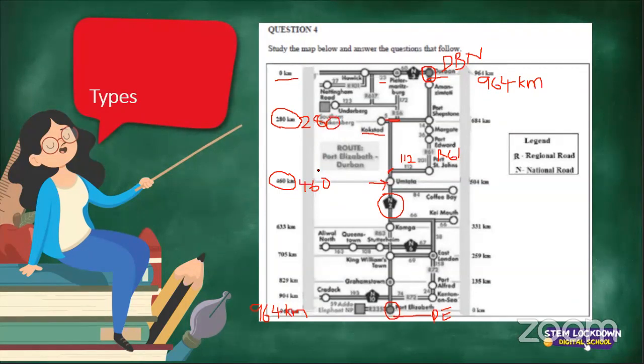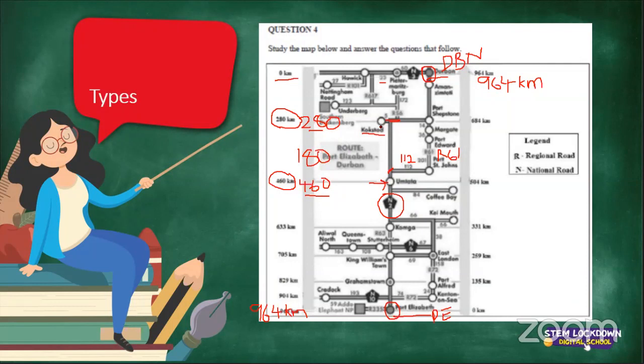So it will be 460. Let me just quickly take out my calculator. There's your 460. Subtract 280. If you subtract these two, you'll get 180.